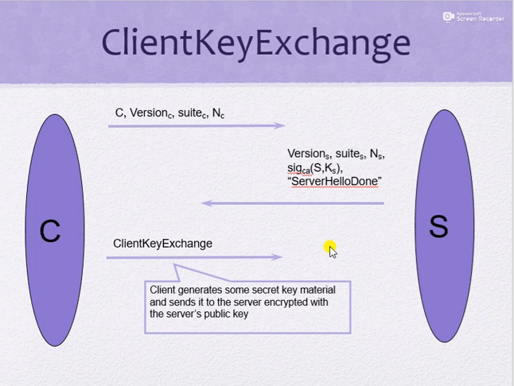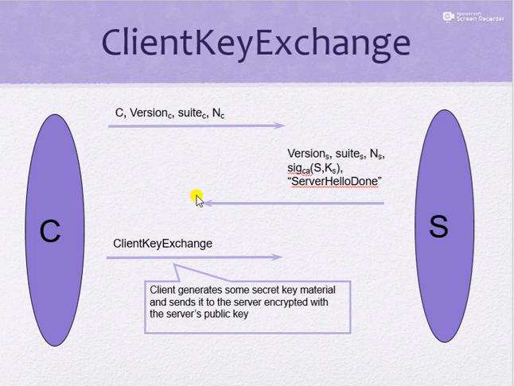It is just a surety. To give this surety, the certification authority will sign this public key with its private key, so that the client can verify it. Okay, and server hello done.